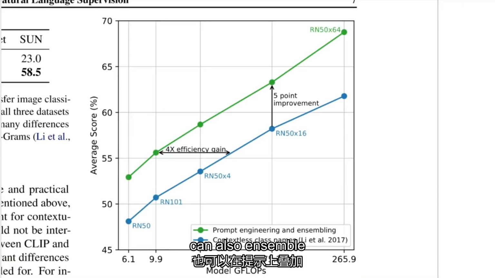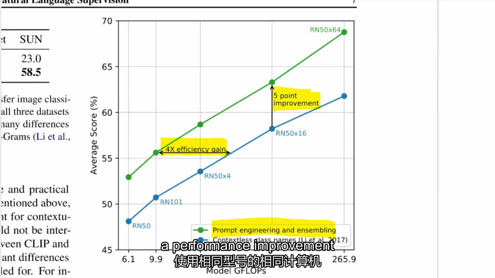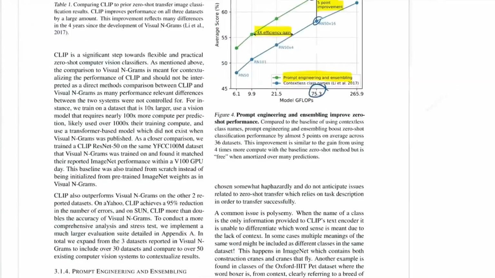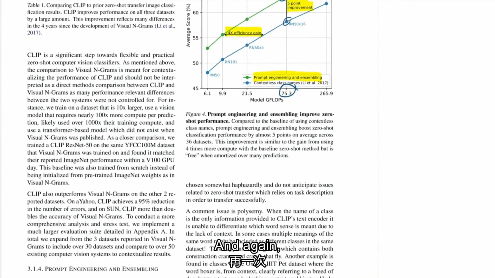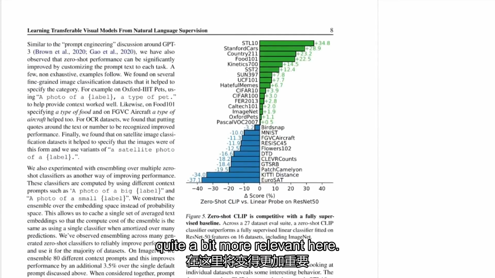And you can also ensemble over prompts, and you can see right here that gets you both an efficiency gain if you want to stay at the same performance, and also it gives you a performance improvement for the same compute with the same model, right? So here the corresponding dots are the same model. That's why they have the same compute. So that's just one of the fun things you can do. And again, I think prompt engineering will become quite a bit more relevant.